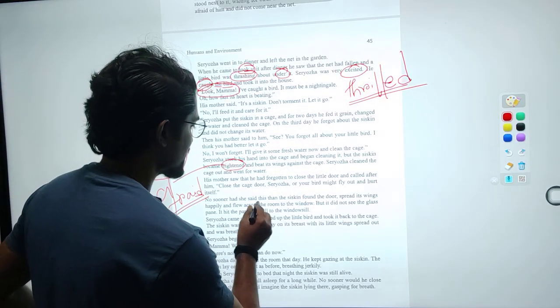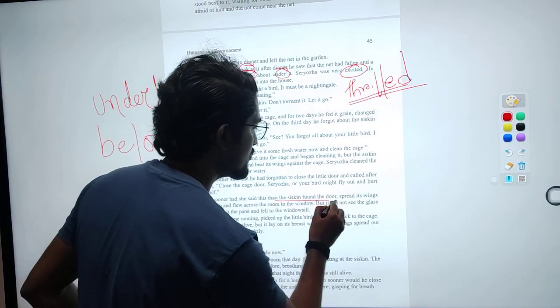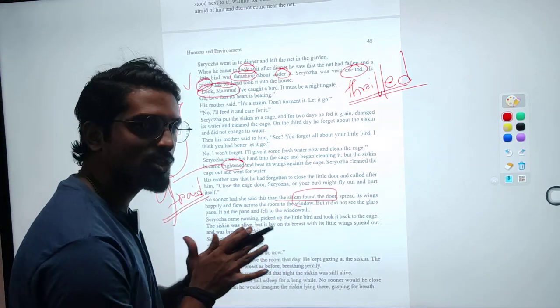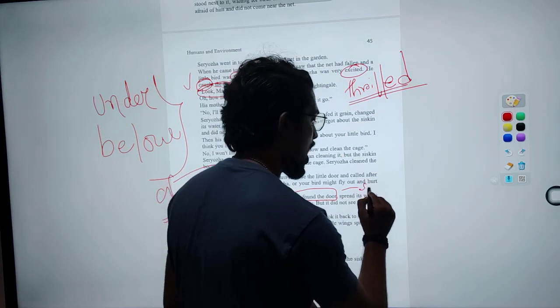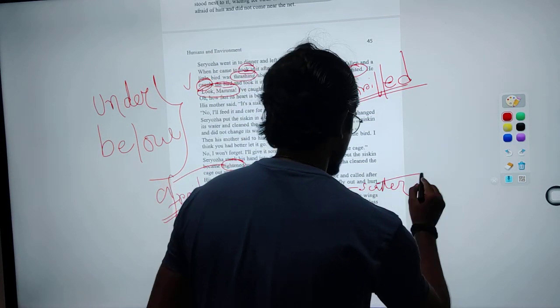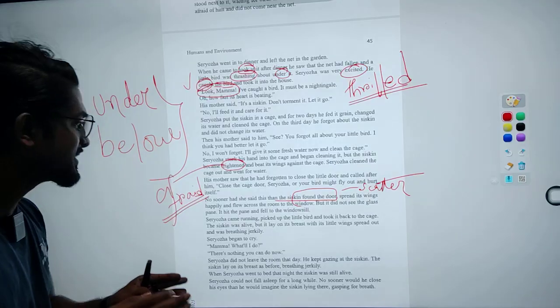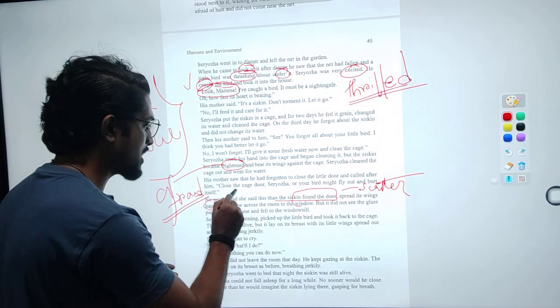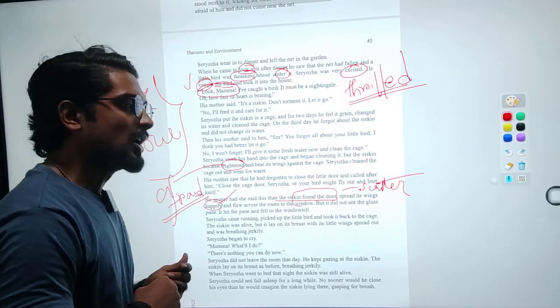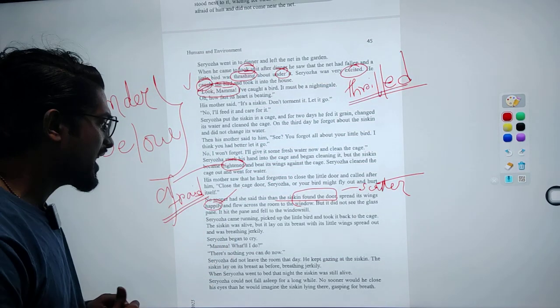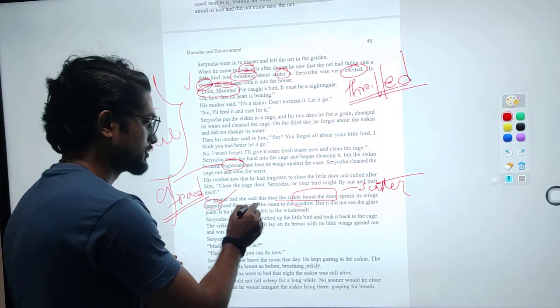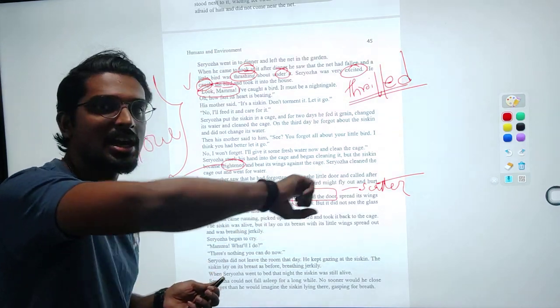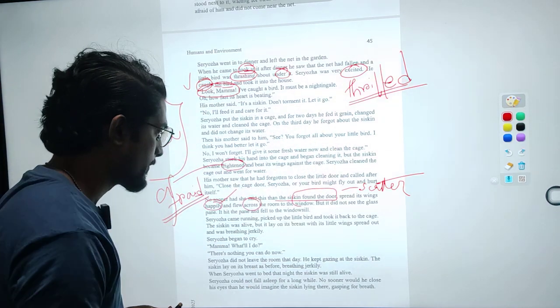No sooner had she said this than the siskin found the door and spread, অর্থাৎ ছড়িয়ে যাওয়া, scatter, you can write spread its wings happily, so gleefully, so cheerfully, and flew across the room, চারদিকে ঘুরে বেড়াচ্ছে.